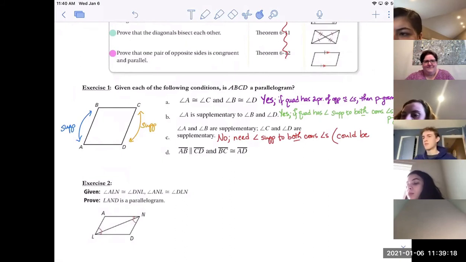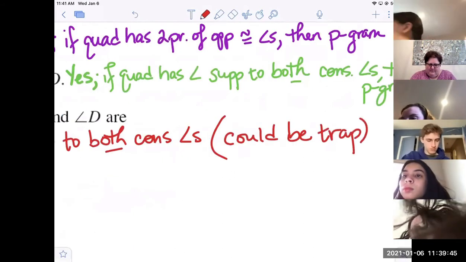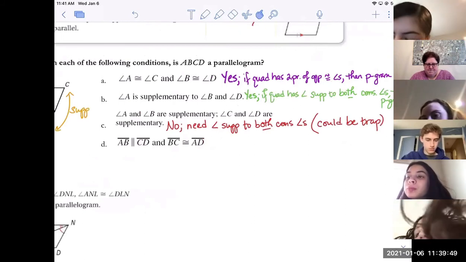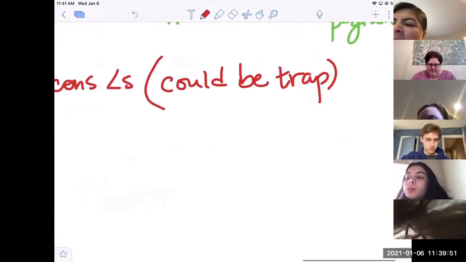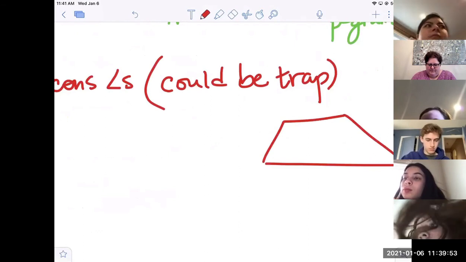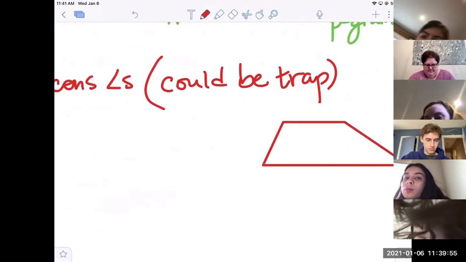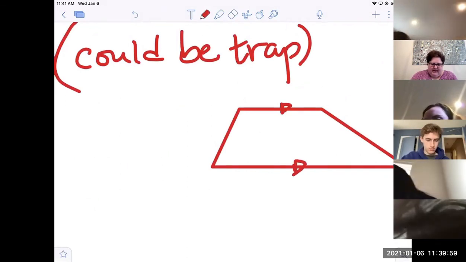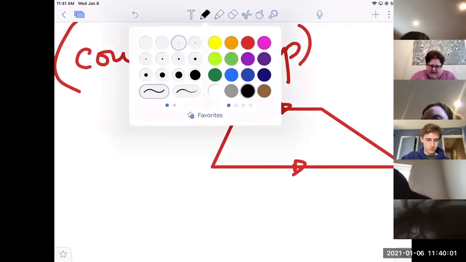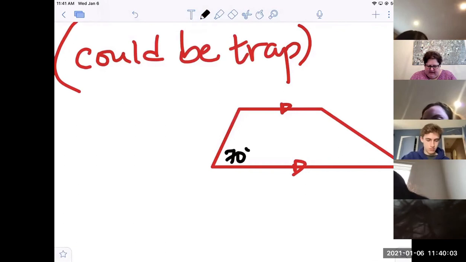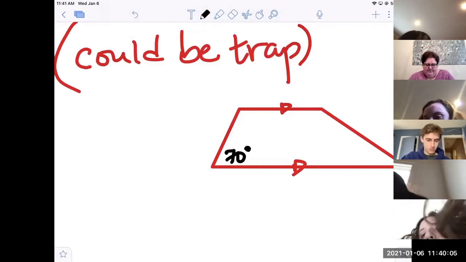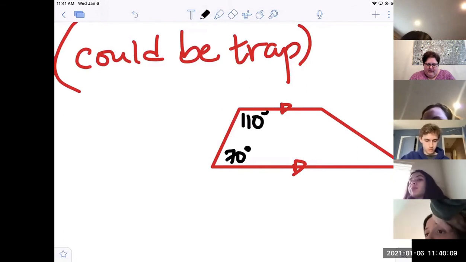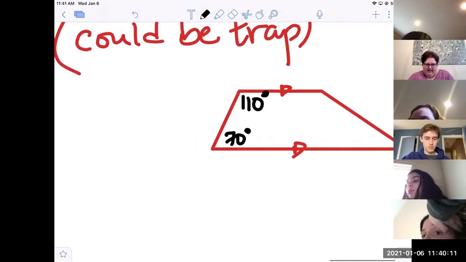A trapezoid? You said that in a prior example, the trapezoid would have a pair of supplementary angles on the left side, the one in the bottom left and the one in the top left. Okay, so we could have something like 70 degrees here, and then the top one would be what? 110. Okay. And then on the other side, what has to happen?